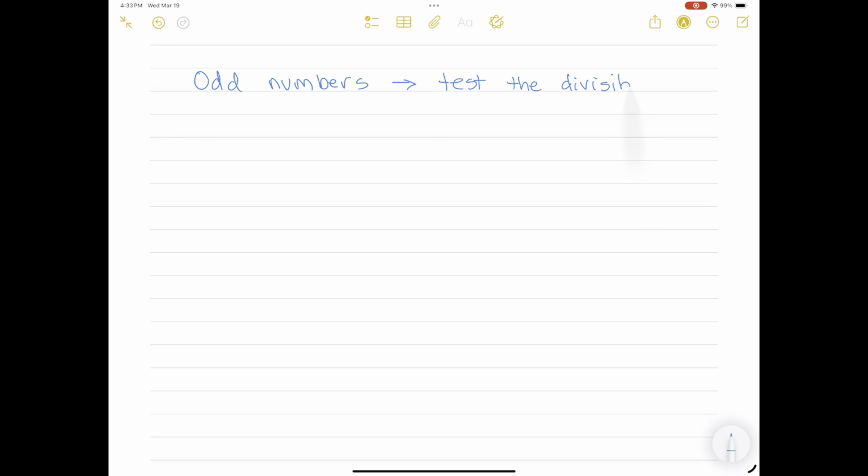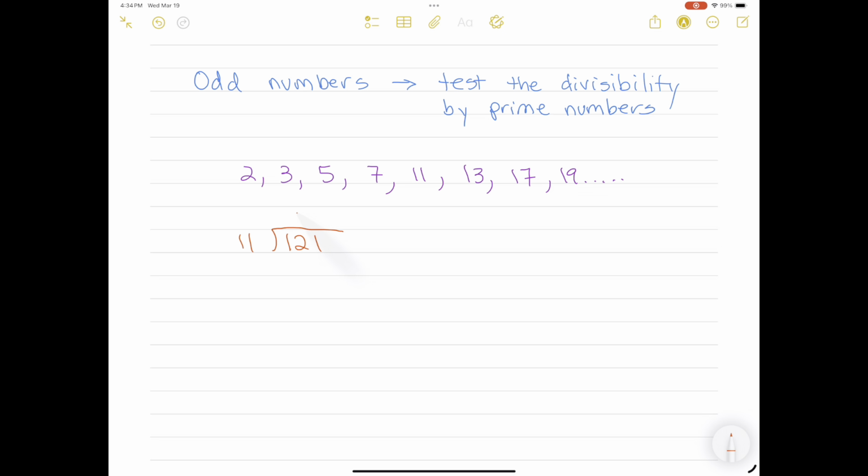For example, 121 is an odd number, but it is divisible by 11. Therefore, 121 is not a prime number.